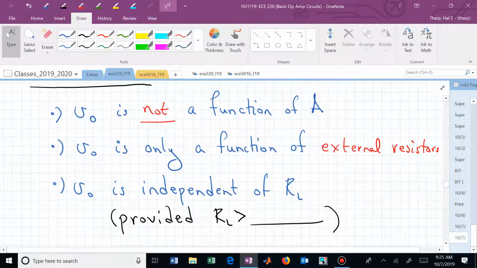Unlimited? Is that poor little op-amp able to support 2 amps coming out of it? No. You'd have to go back to the data sheet, and the data sheet maybe says, oh, the maximum current at the output is 40 milliamps.